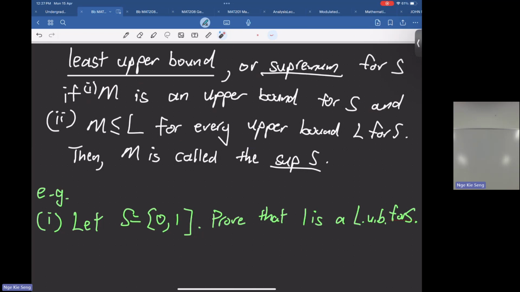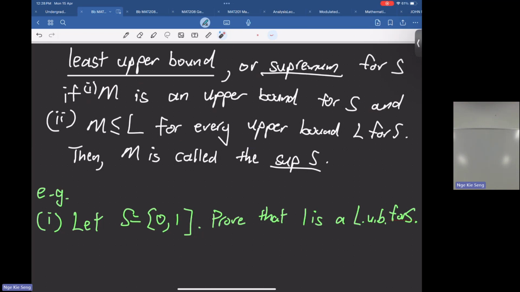How about the least upper bound? It is smaller than all the others. By definition, for every x in S, x is greater than or equal to 0 and less than or equal to 1.